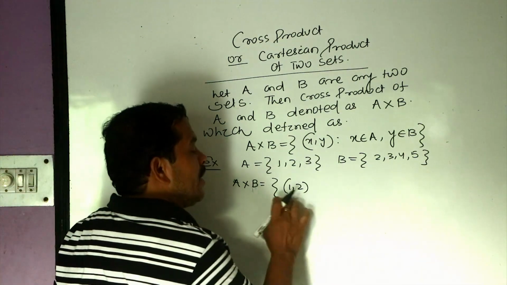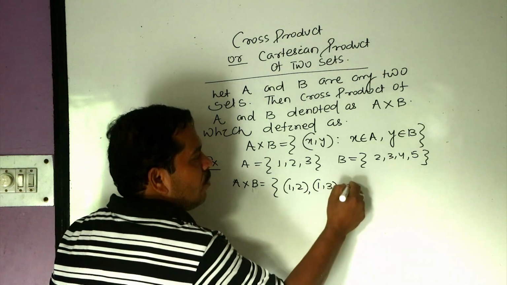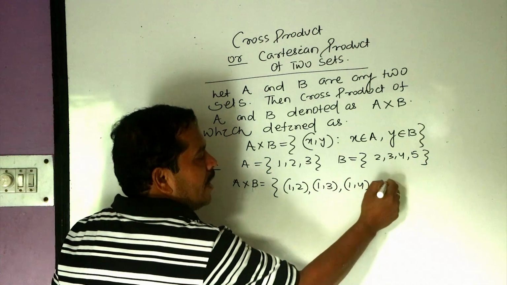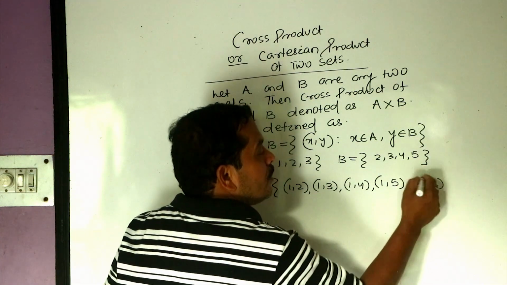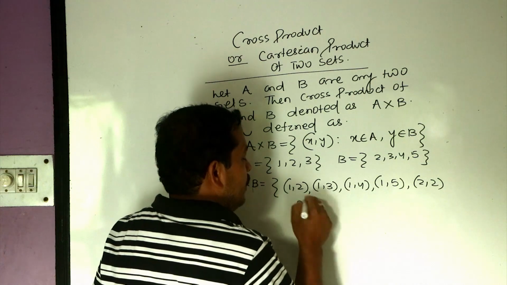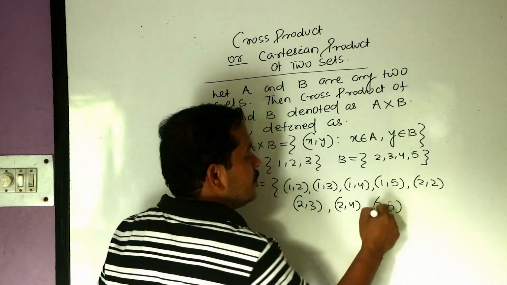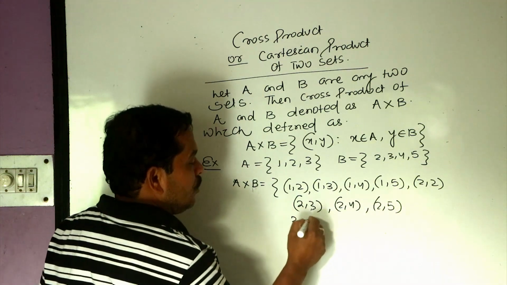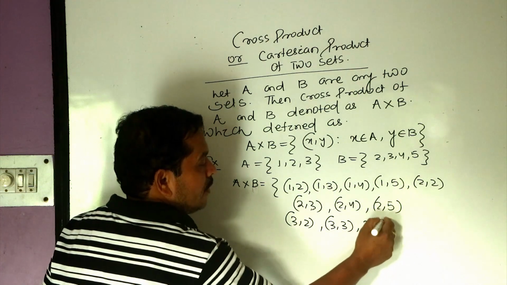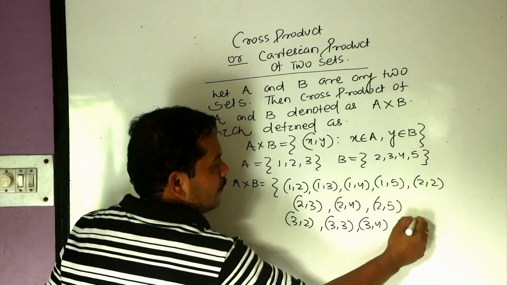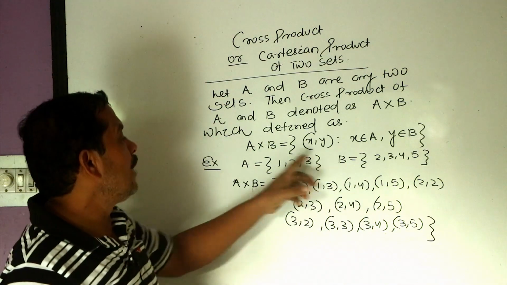So we get (1, 2), (1, 3), (1, 4), (1, 5). Next (2, 2), (2, 3), (2, 4) and (2, 5). Then (3, 2), (3, 3), (3, 4), (3, 5). This is the cross product of A with B.